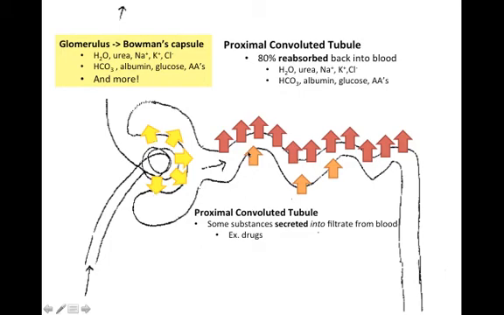So we can secrete it via those same capillaries that are lying here into the nephron. And so these arrows signify secretion of some substances back into the filtrate from the blood, which is a neat little feature. So we can really tweak what's going on in the filtrate and figure out what we want our end product to be.